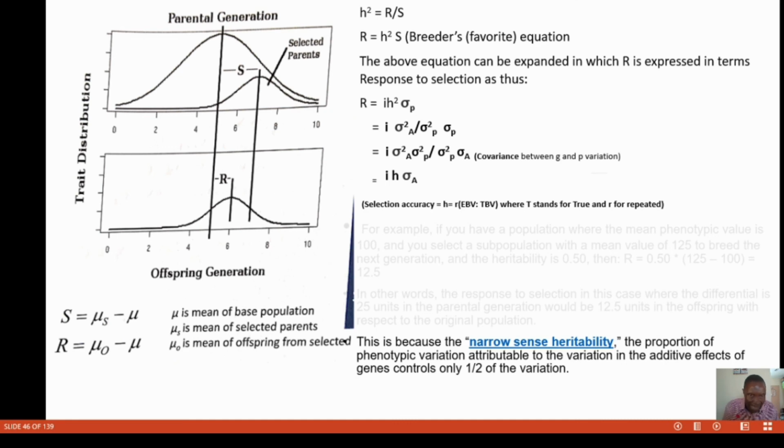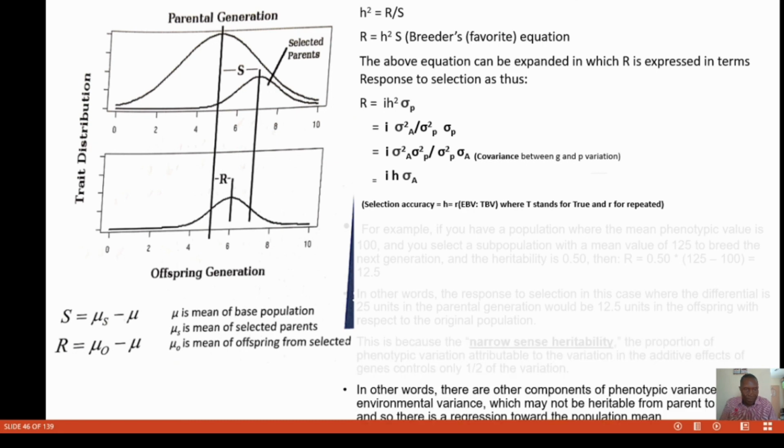This is because the narrow sense heritability, the proportion of the phenotypic variation attributable to the variation in the additive effects of genes, controls only half of the variation. In other words, there are other components of phenotypic variance, such as environmental variance, as we've seen, which may not be heritable from parent to offspring.